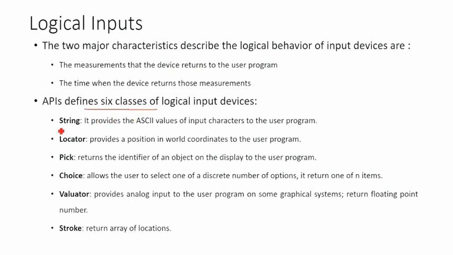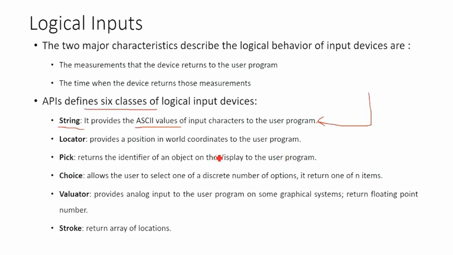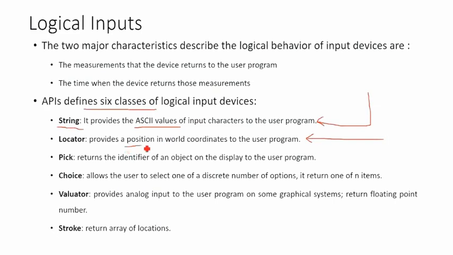The string is where the user program receives the ASCII values of whatever input characters you give. It captures the ASCII values behind them, and typically physical keyboard devices are used to capture this string logical input. And then we have the locator. This locator captures the position in world coordinates, not in screen coordinates. If I have my scene and I click on that scene, the pointing device captures the screen position.